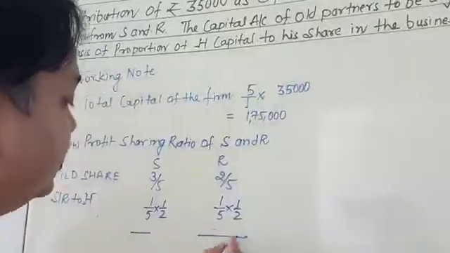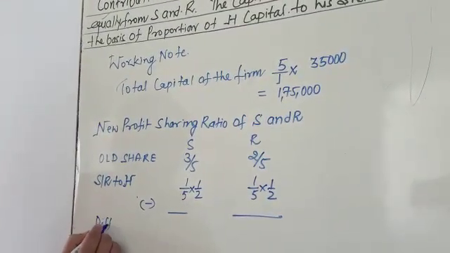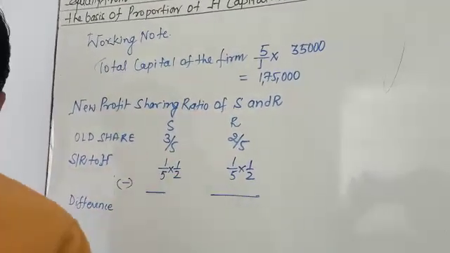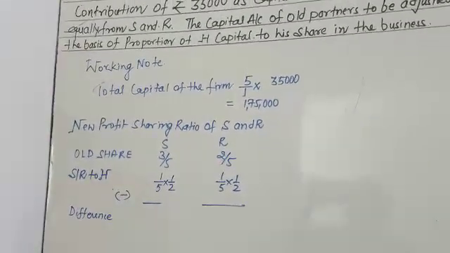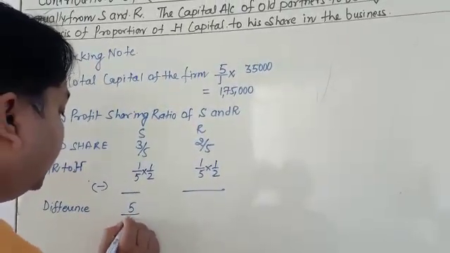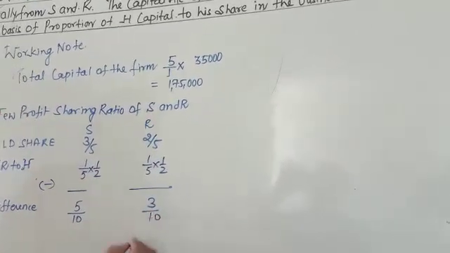When you deduct this from the old share, the difference gives you the new profit sharing ratio of S and R. So 5/10 and 3/10.